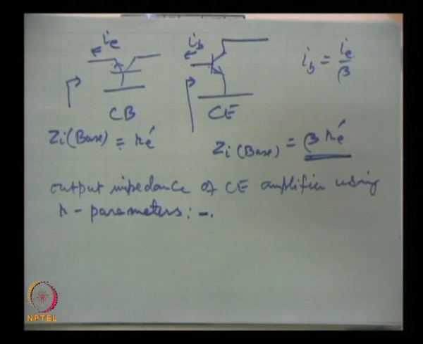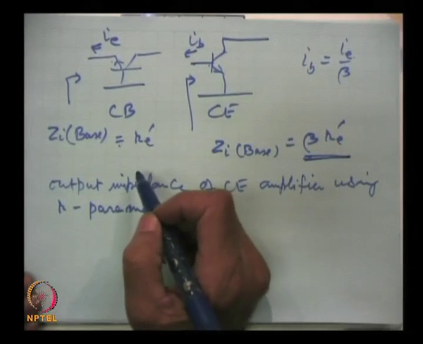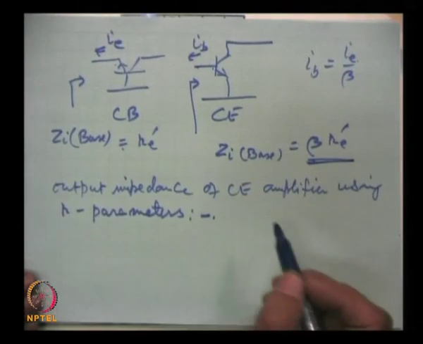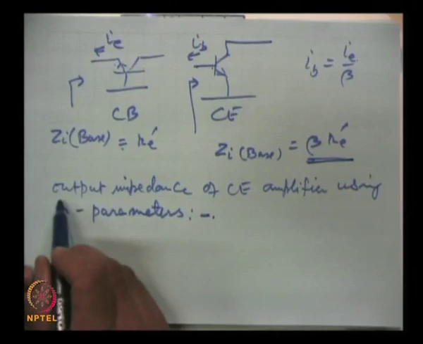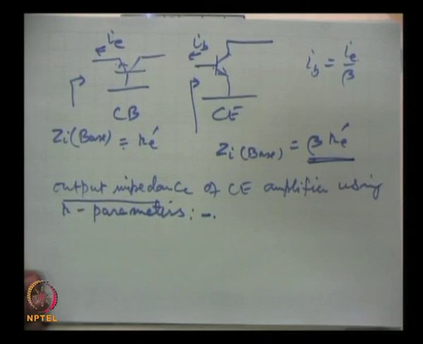The output impedance we can find out as we have done for the input impedance, but the analysis becomes complicated. Instead of replacing the transistor by its equivalent circuit and trying to find the expression for the output impedance in a CE amplifier, let us take a simpler route.